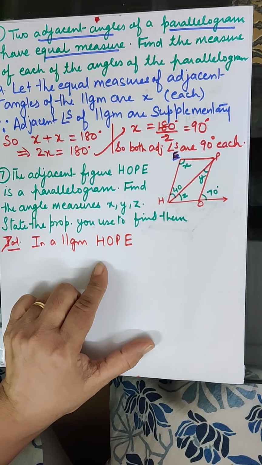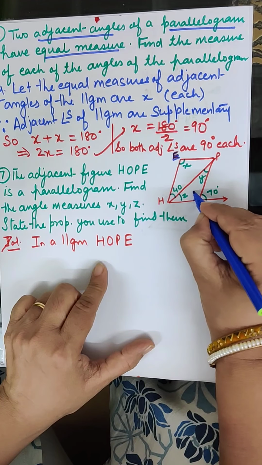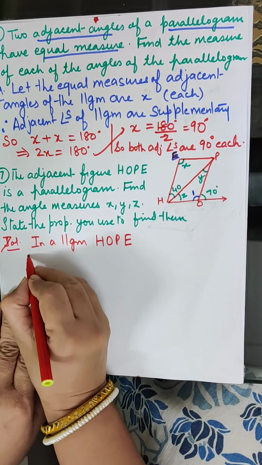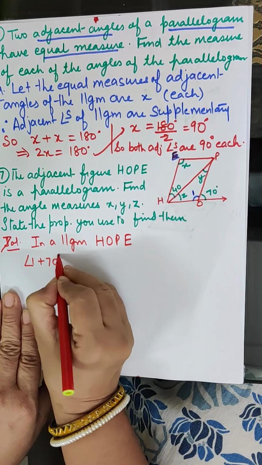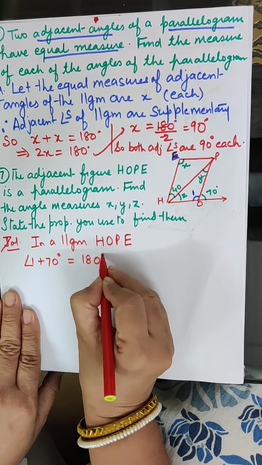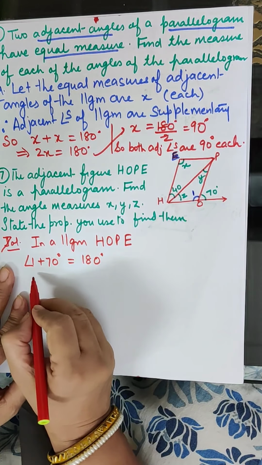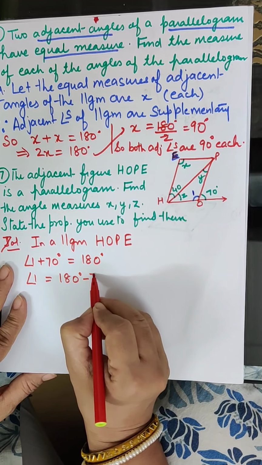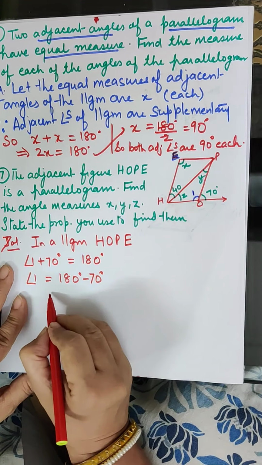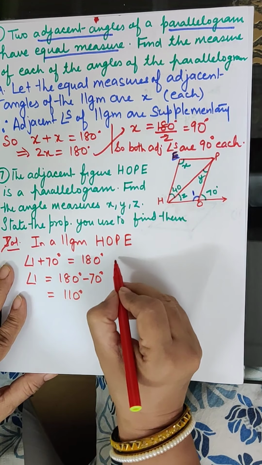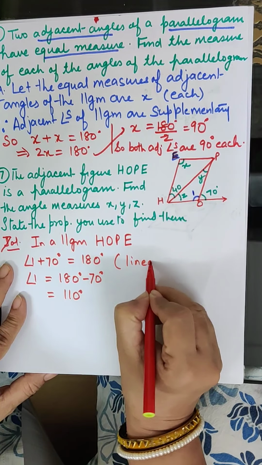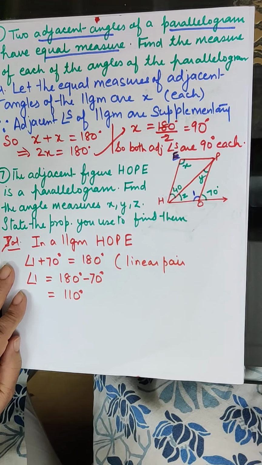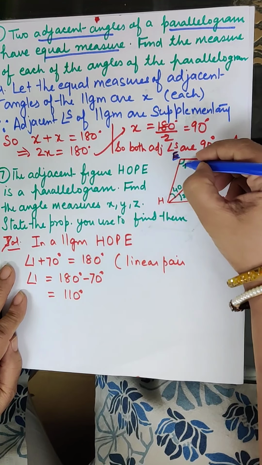Okay, let us mark this angle as angle 1. Angle 1 plus 70 degrees is equal to 180 degrees. All right. So angle 1 is equal to how much? 180 degrees minus 70 degrees. This is equal to 110 degrees using linear pair. Now this angle 1 is equal to angle x.